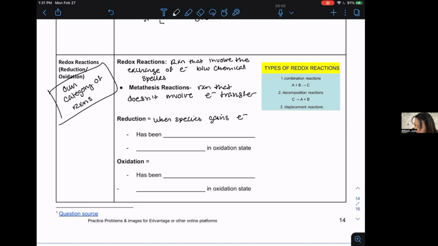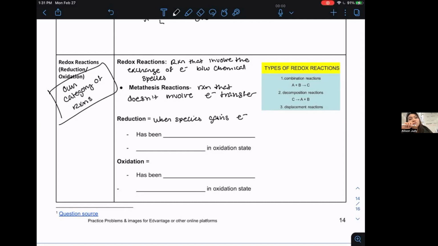What's an example of a metathesis reaction? Certain synthesis reactions are metathesis. Certain combustion reactions are also, no, those are all redox. There are certain synthesis and certain single displacement reactions.